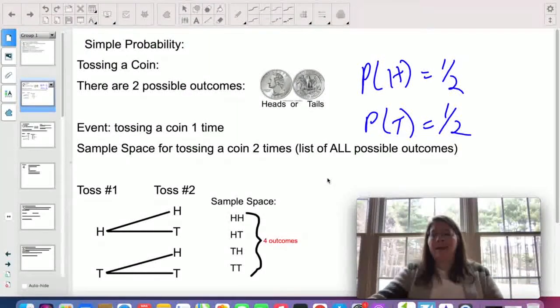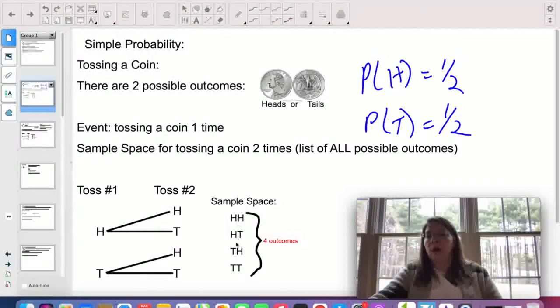And so then I could ask you, what's the probability of getting one of each? Well, out of the 4 outcomes, there are 2 that give you one of each. So that would be 2 out of 4, or 1/2. The probability of getting 2 different outcomes is 1/2. What if I say, what is the probability of getting both heads?